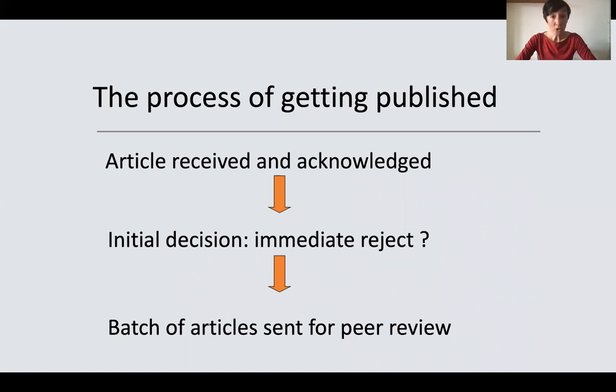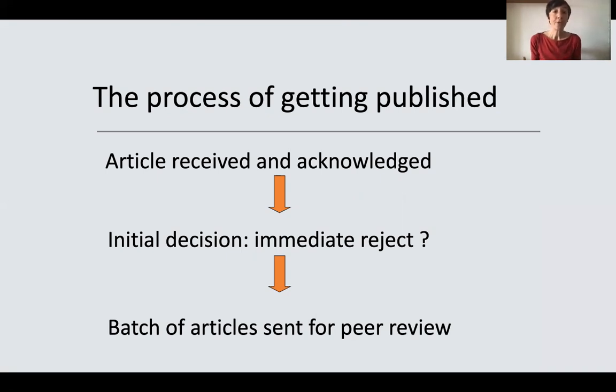They are acknowledged, and the editorial assistant would then assign it to an appropriate pathway for editorial review. There is an initial decision which is made by the editor, and the decision is whether to reject the article straight away, and we look at reasons for reject later, or to actually send the article for peer review.